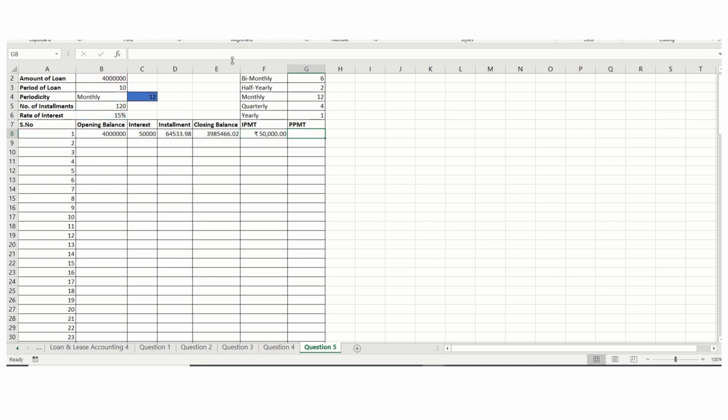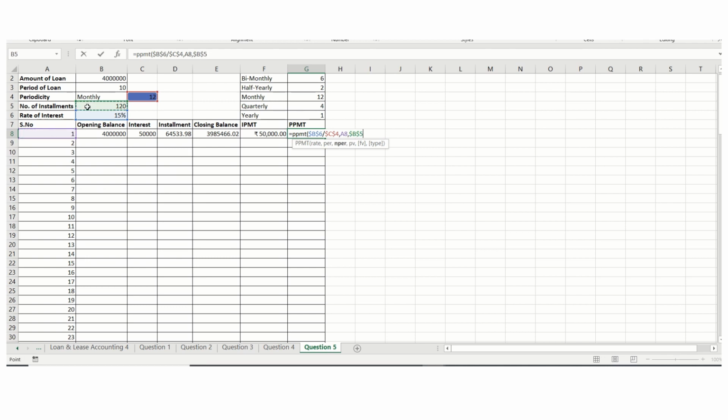Okay? PPMT rate 15%. I fix this, divide by periodicity. I fix this too, comma. This is the installment number. I don't fix it.